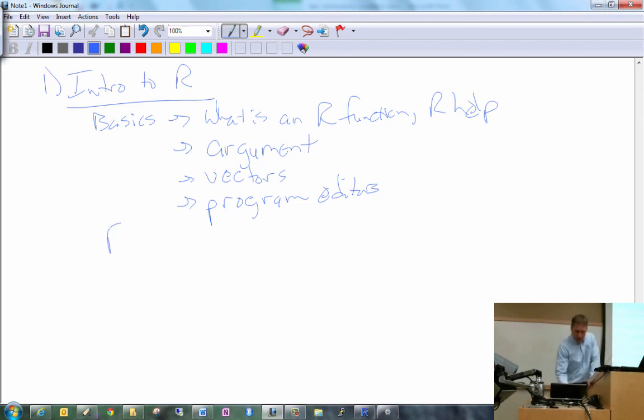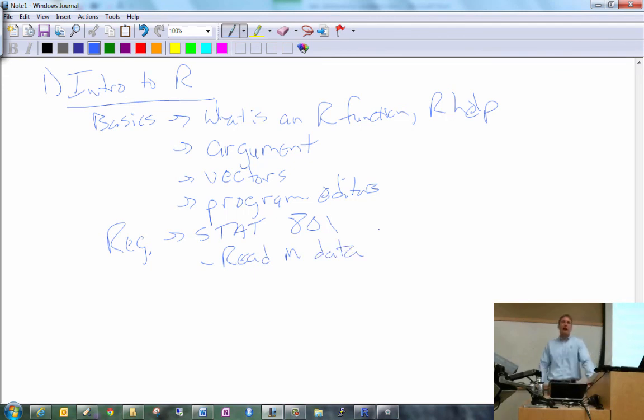Then we also had a regression example. This was based upon your background from a course like Stat 801. But now let's do this with respect to regression analysis in R. So how would you read in a data set? I might give you a data set on my web page, have you download it during the exam, and estimate a regression model for that data set.